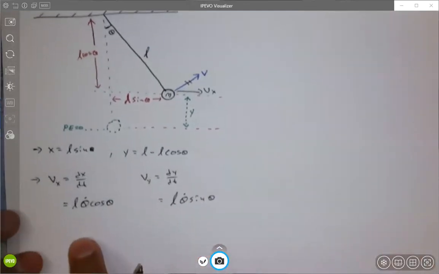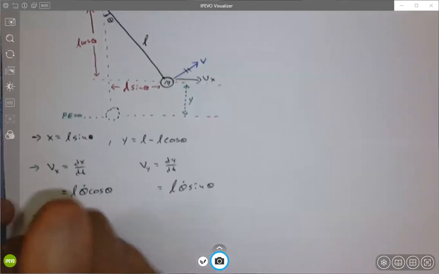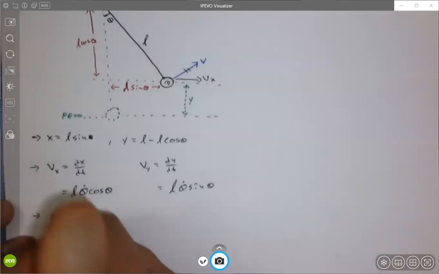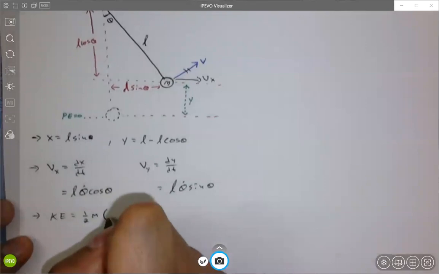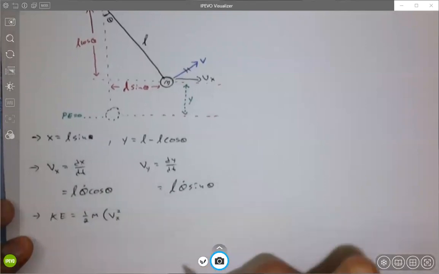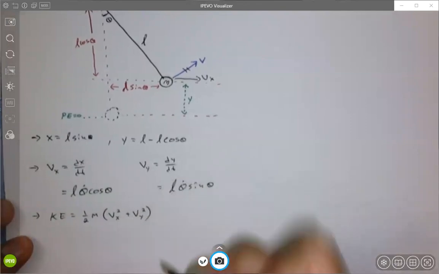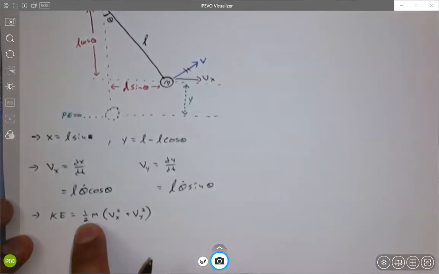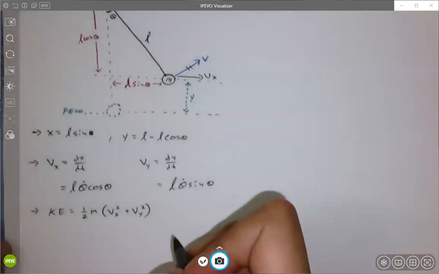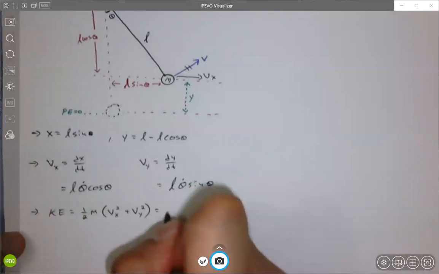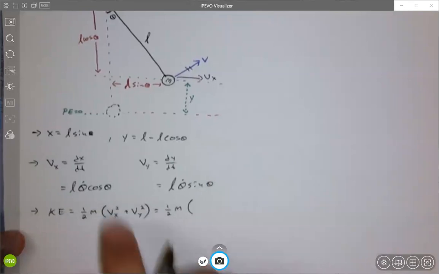So now that we have our velocities, we can write down our kinetic energy. The kinetic energy, KE, is equal to 1/2 the mass times the velocity in the x direction squared plus the velocity in the y direction squared. So you have kinetic energy in the x and kinetic energy in the y. And we can rewrite that as 1/2 m parentheses all of this thing squared.